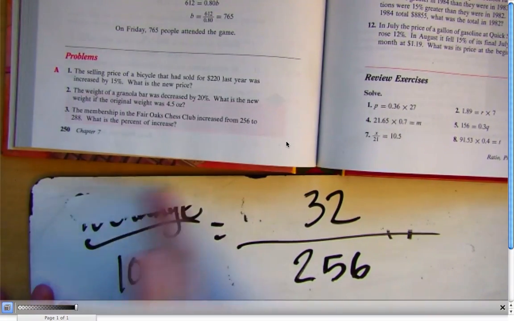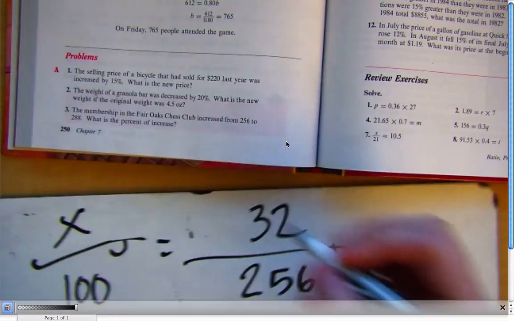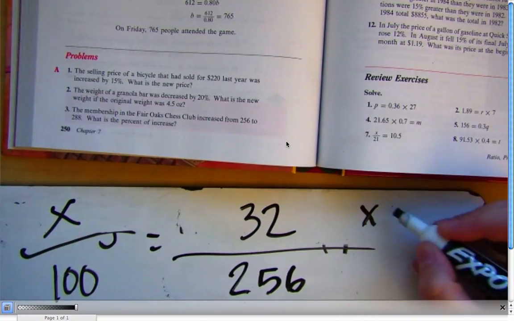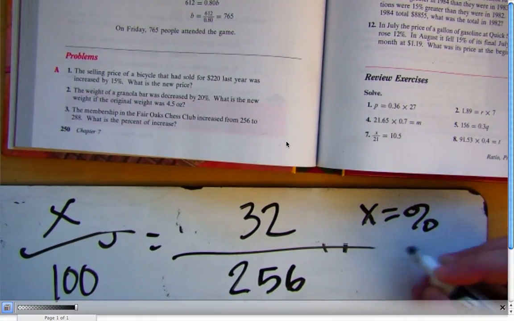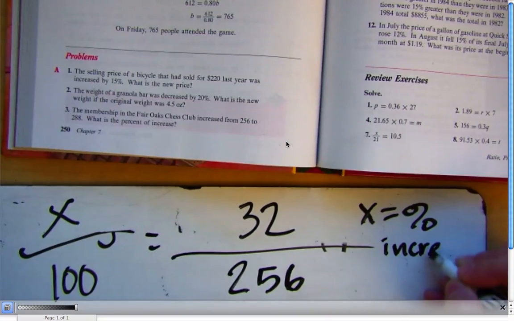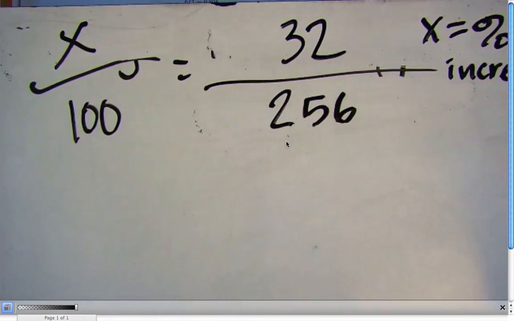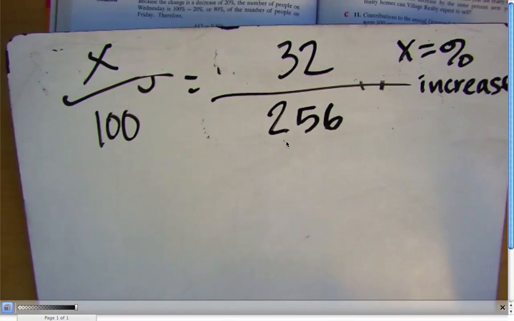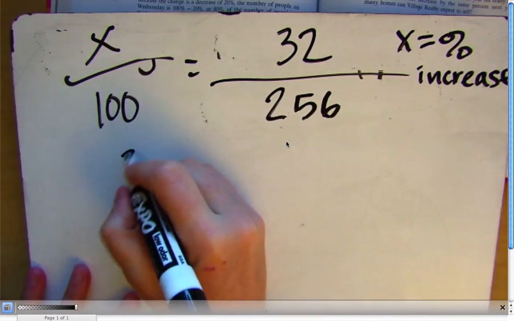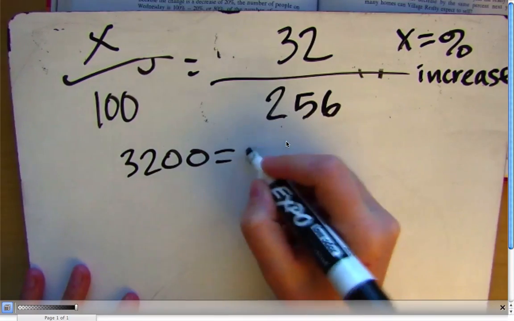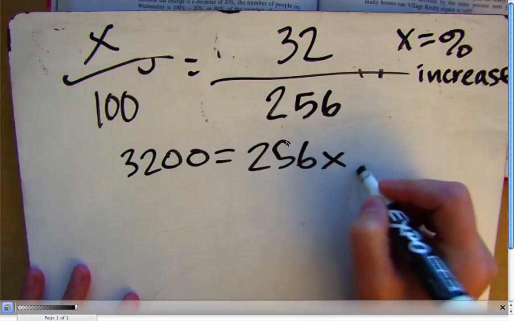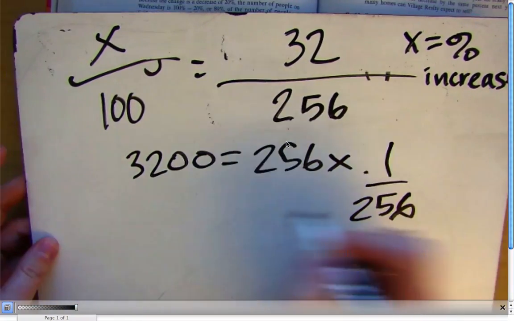We want to find the percent change, so this is our x. Defining our variable is pretty easy this time. X equals percent increase. All right, and at this point, I'm just going to do my cross multiplying. Let's zoom out a little bit. There we go. So my cross multiplying, do my reciprocal.